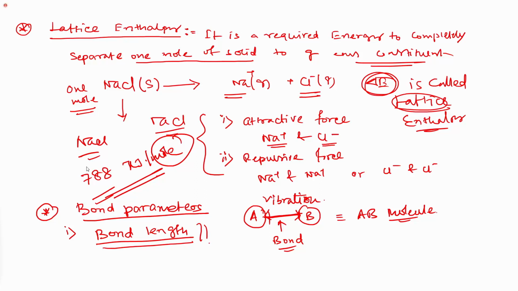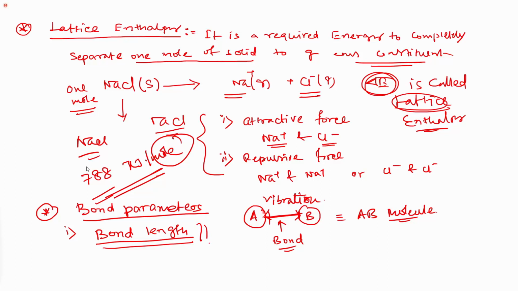Sometimes the bond length is greater, sometimes it is lower, because of the presence of the vibration. So the definition of bond length is that it is the equilibrium distance between the two nuclei of two bonded atoms.